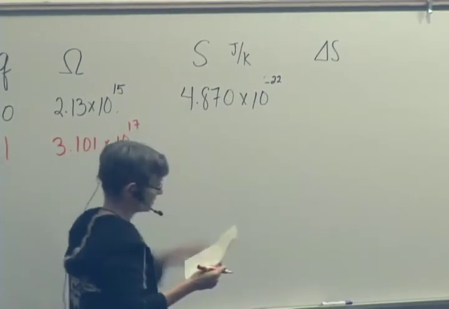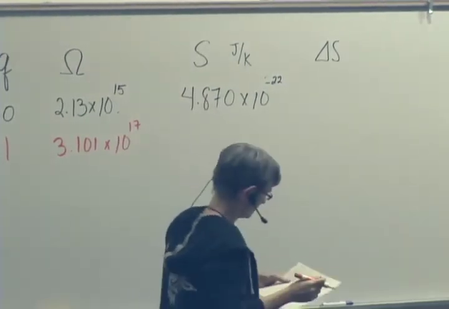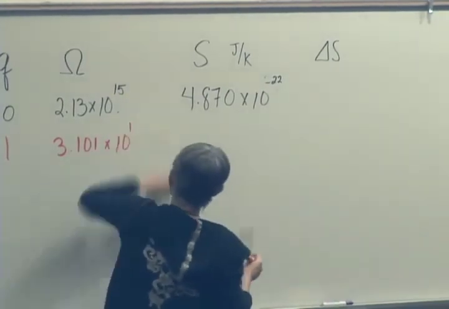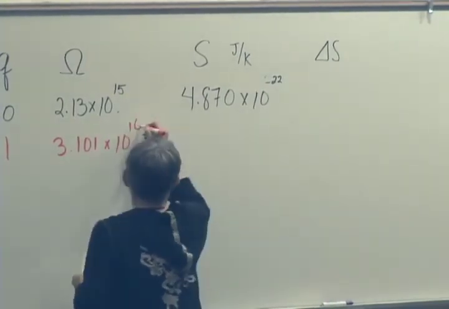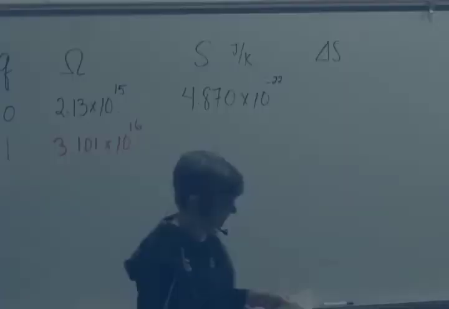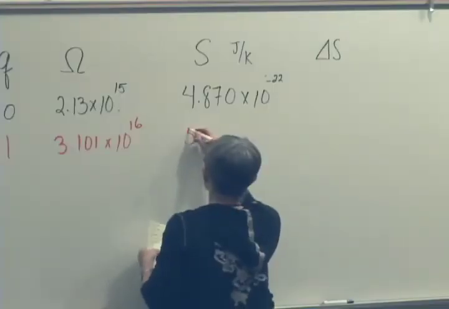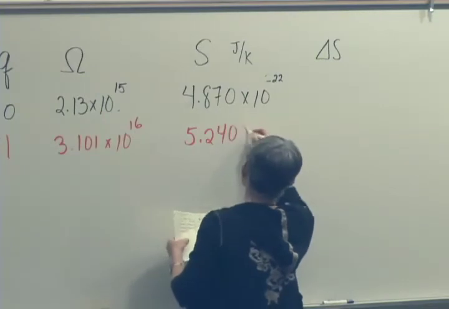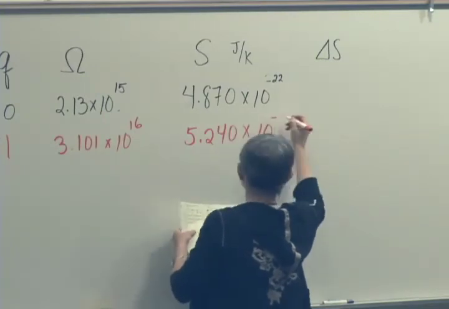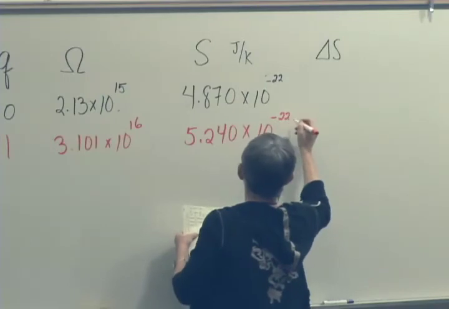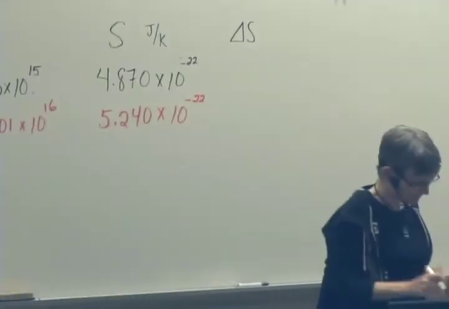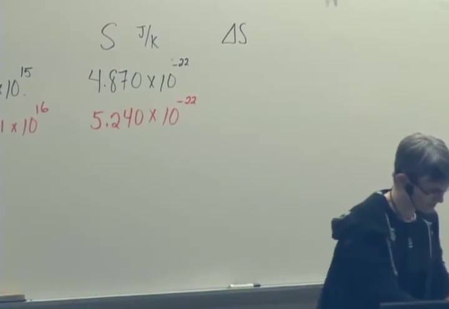What's the entropy? 5.240 times 10 to the what? Negative 22. Okay, now we can get a change in entropy, right? Because we have two entropies.